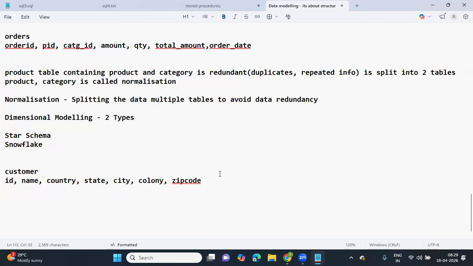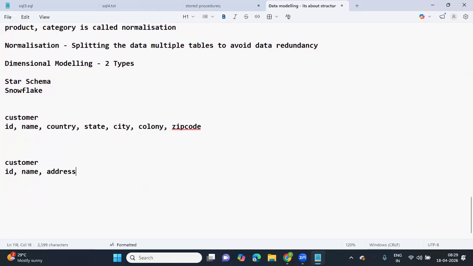This is the information we have here. Now what I'm doing is, instead of having all of this in a single table, I want to have the customer table having customer ID, name, and address ID. Okay.